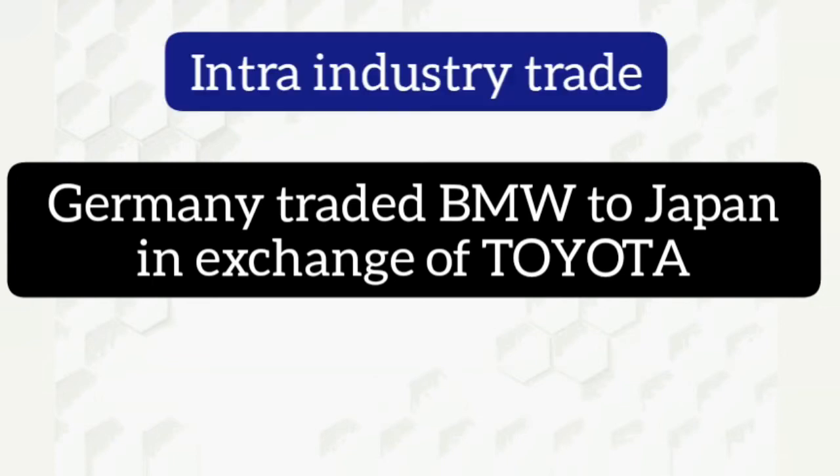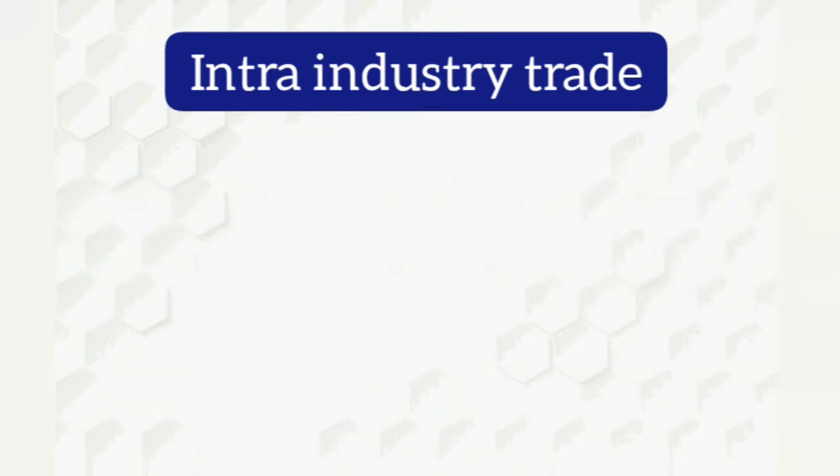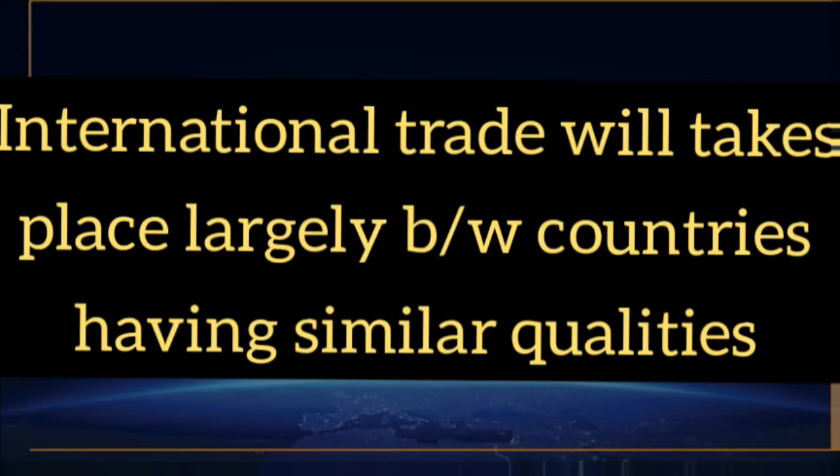So let's go to the explanation of this theory. Linder said that international trade will take place largely between countries having similar qualities. So what is meant by similar qualities?